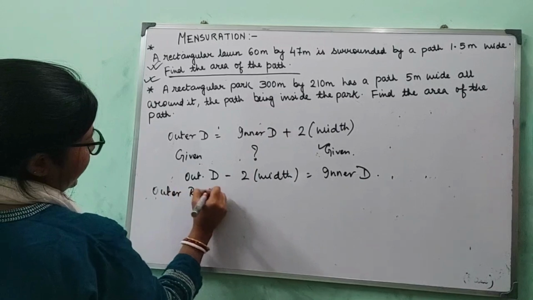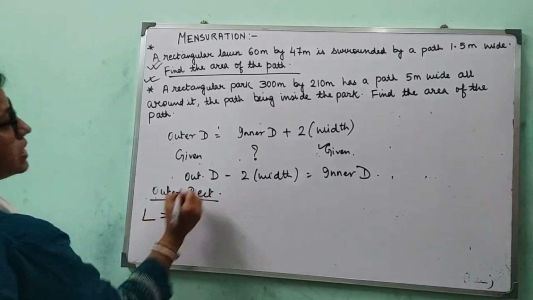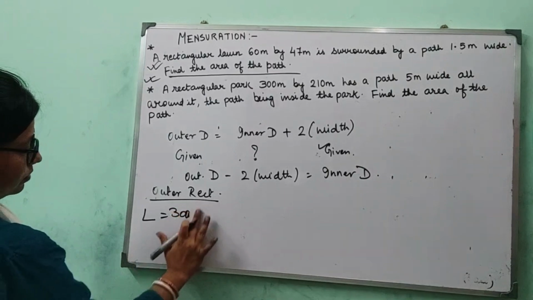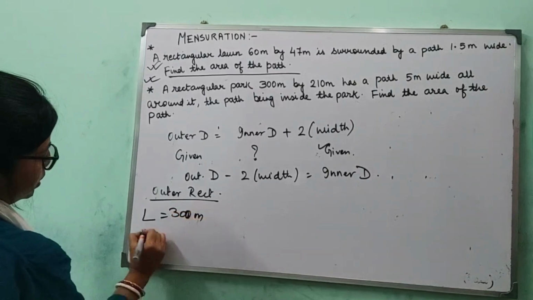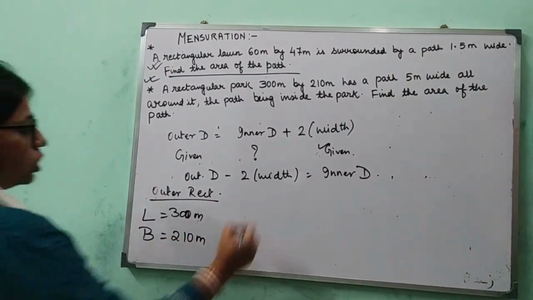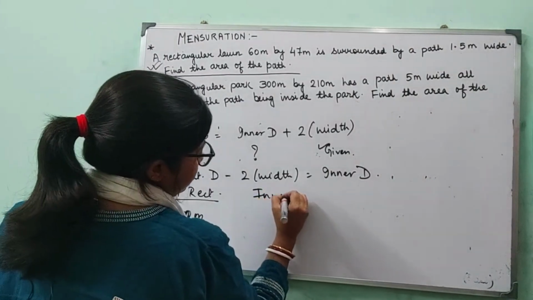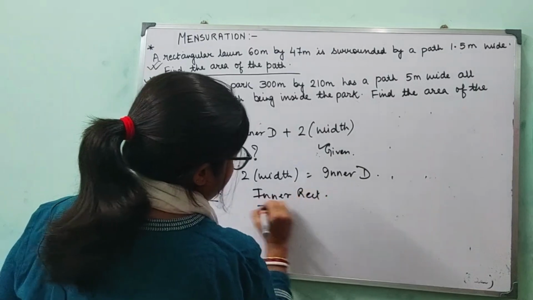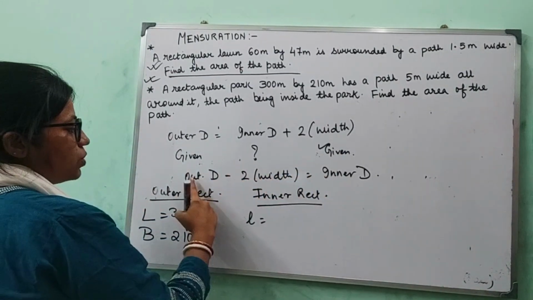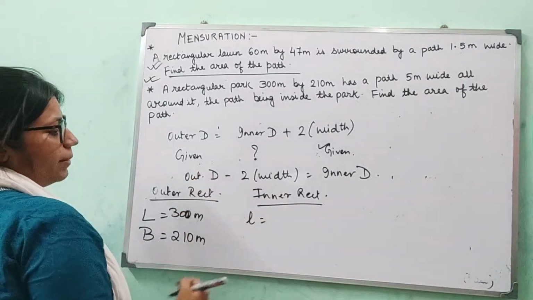Say for the outer rectangle, the length is how much? 300 meter. The breadth is how much? 210 meter. So for the inner rectangle, the length will be how much? To find the inner dimensions, you subtract twice the width from the outer dimensions.